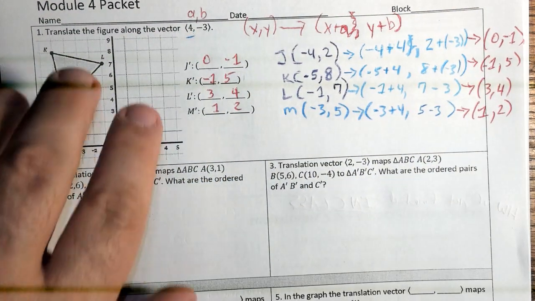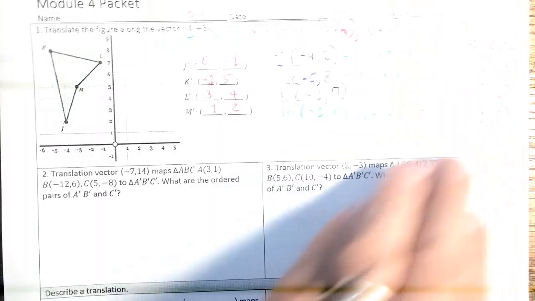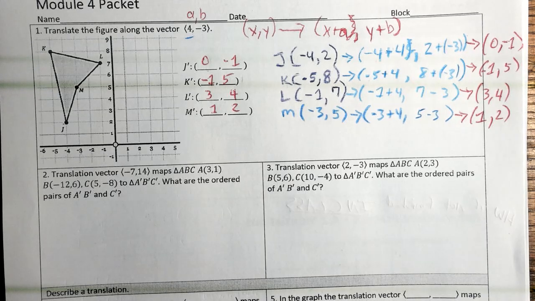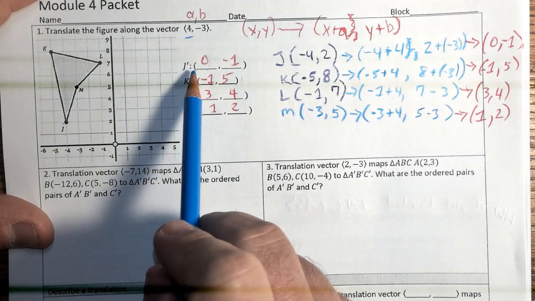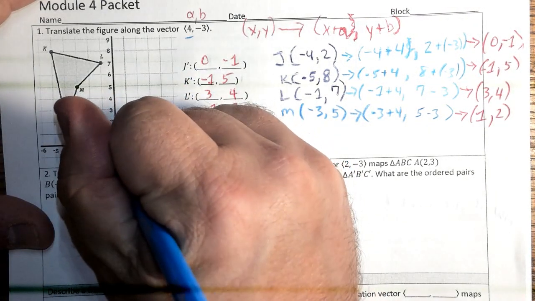All right, so now I'm going to do the other figure, and then I'm going to show you another way you could do this without doing all this. You guys are going to hate me for this, all this writing. So let's see, our J prime is 0, negative 1.